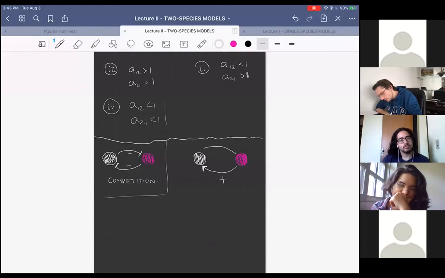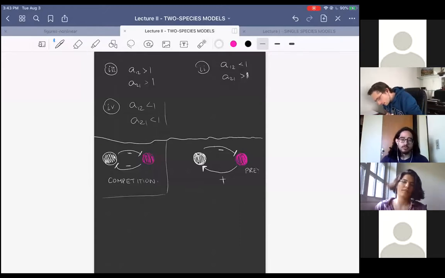Species 1, let's say, the white species inhibits species 2, it eats on it, it feeds on it, and species 2 is the food for species 1. For instance, a fox and a rabbit. So in this case, this pink species would be the prey, and this white species would be the predator.